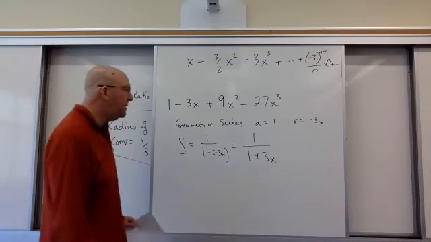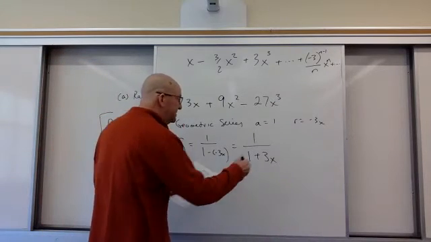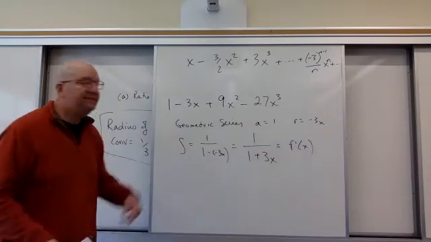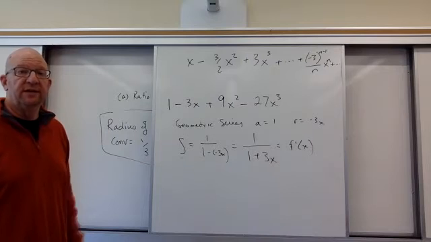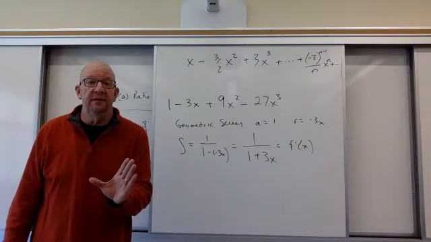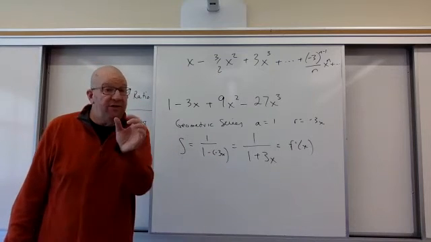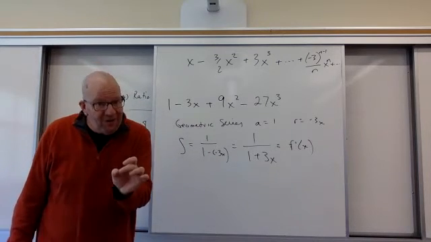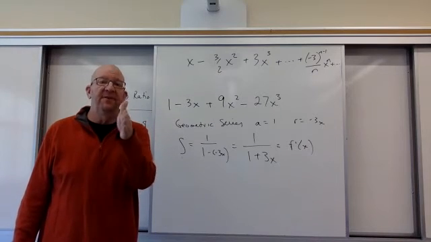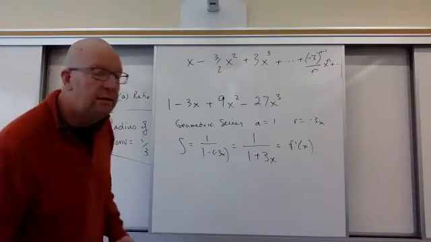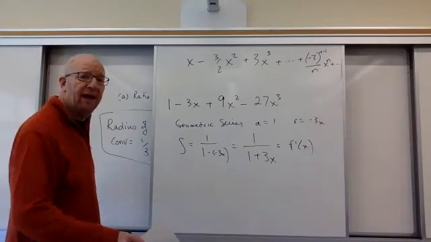So this is f prime of x, the function that the series converges to. For a power series with an x in it, if it's geometric, on its interval of convergence, the sum of the series is the function to which the series converges. You may want to play that back at half speed.